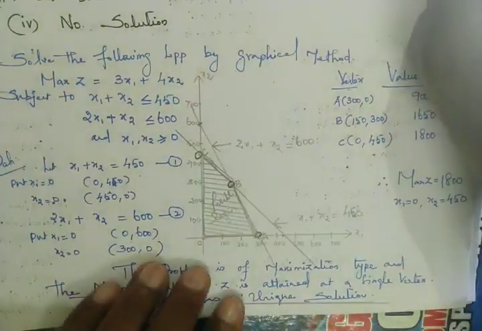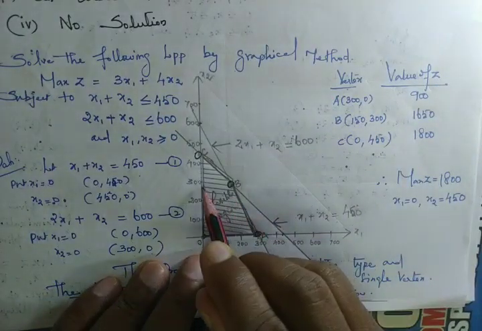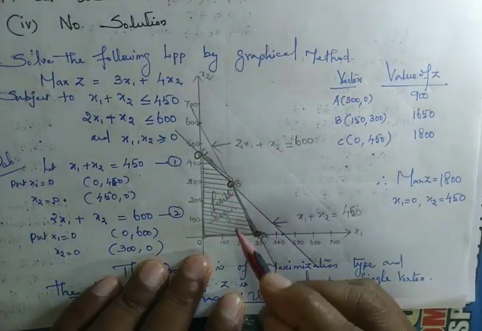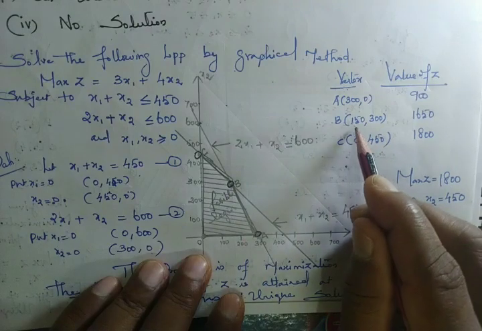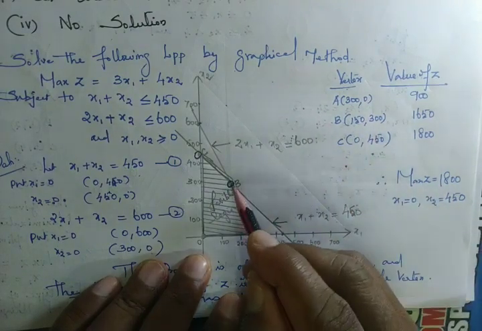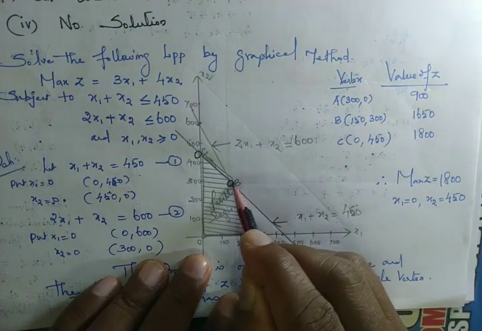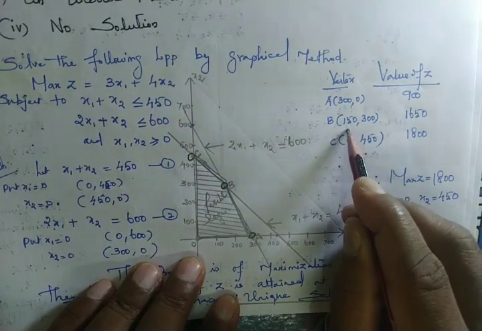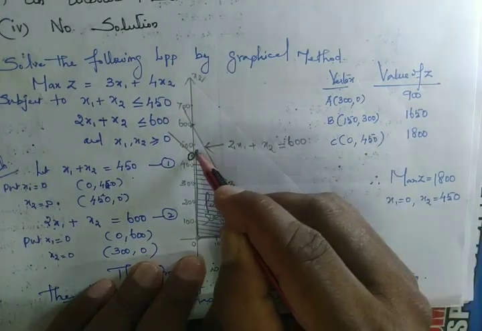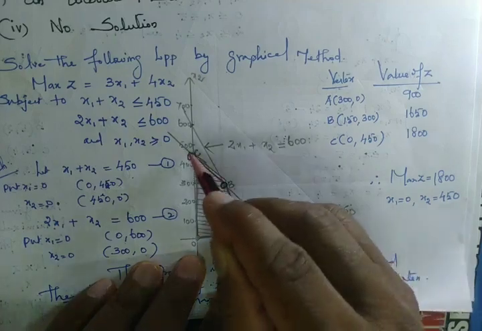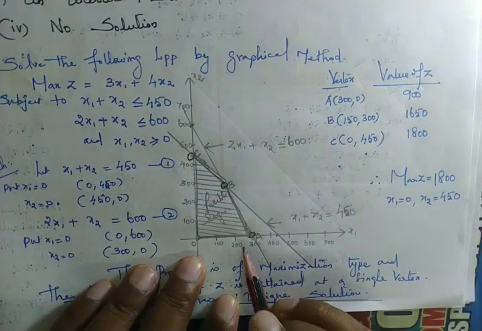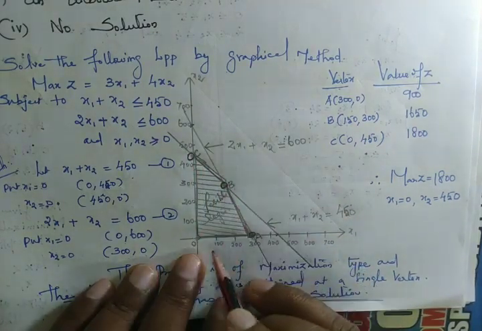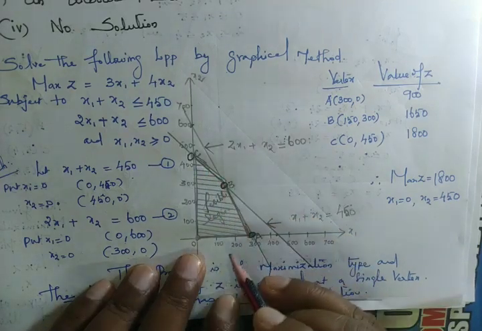I am working this one on white paper. B is 150, 300, and here C is 0, 150. So we are finding only 3 intersection points in the boundary.